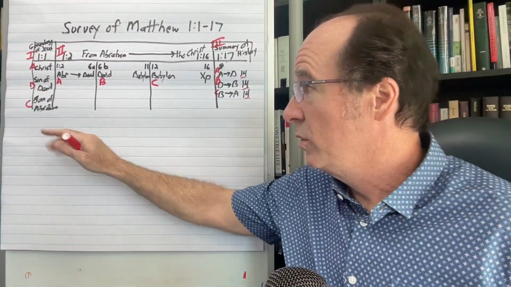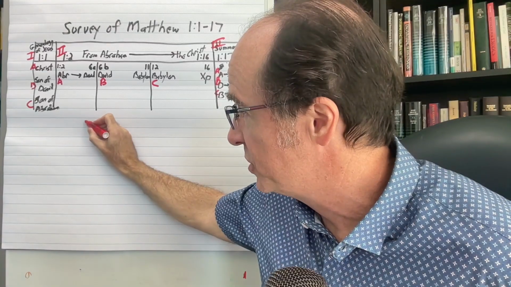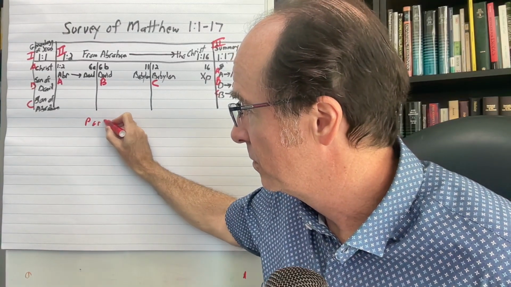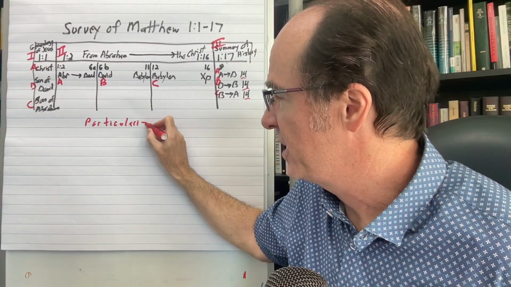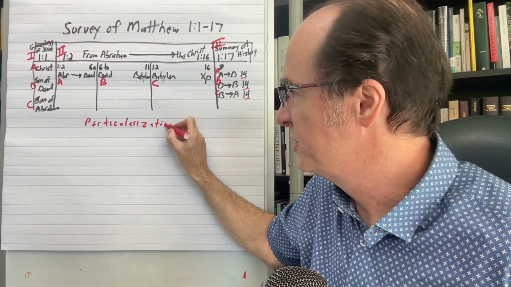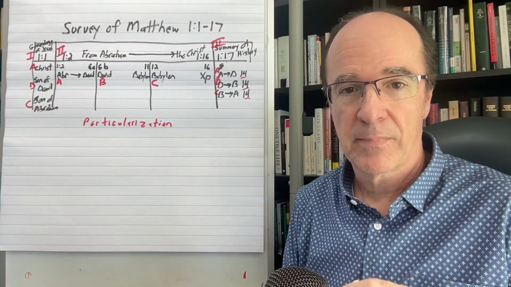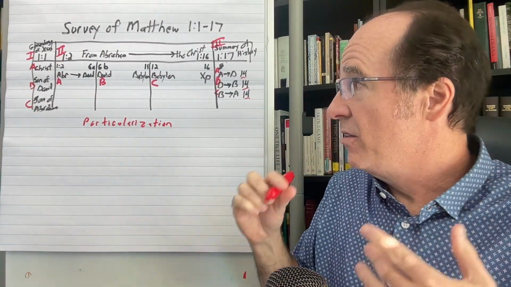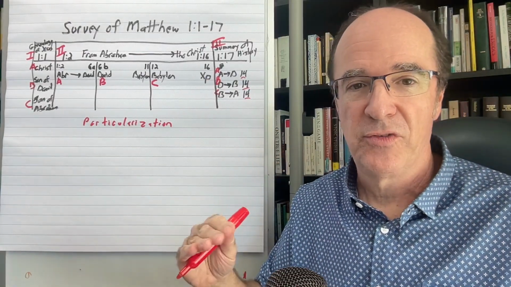Well, this would be a structure that we could call particularization. And particularization is when you have a general statement that then is particularized. In other words, gives specific examples.